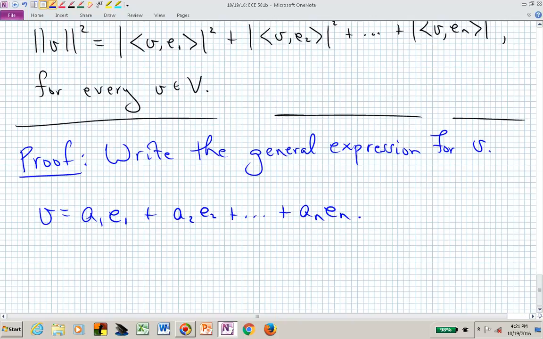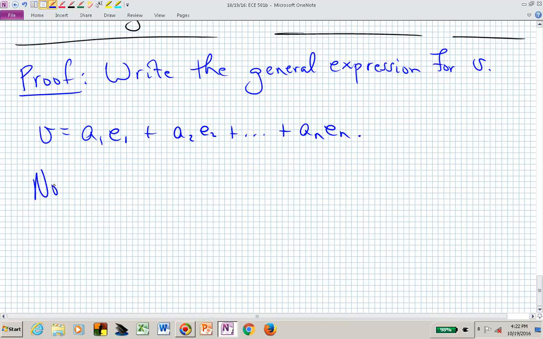Now what we need to show is that these scalars, a1, a2, up to a sub n, are actually equal to the inner products that we said they were. Let's now show that a sub l, each of these scalars, is the inner product of the vector v with that particular orthonormal vector e sub l.